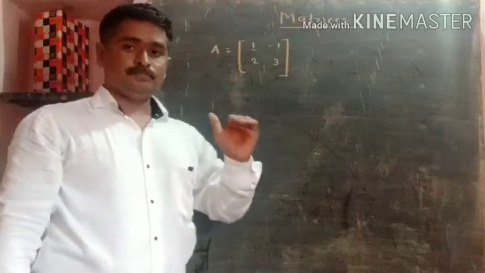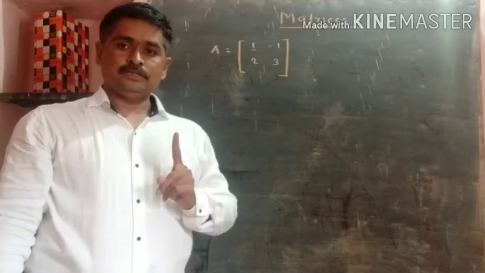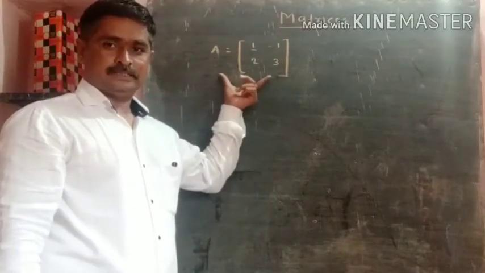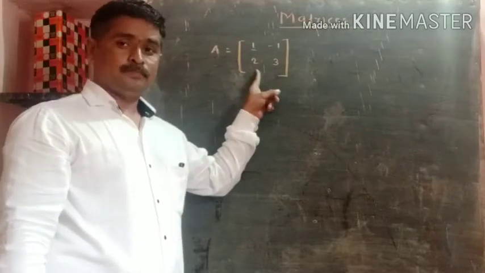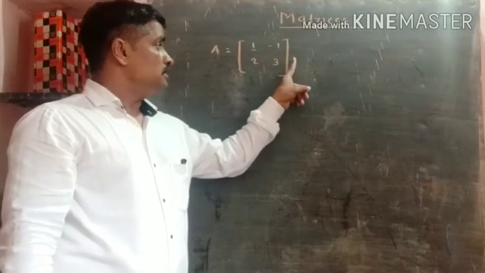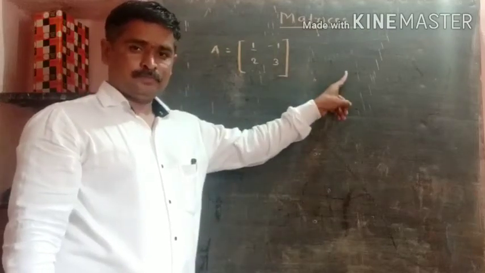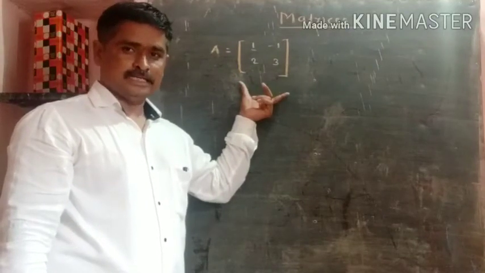In order to find the inverse of a matrix, every time you should take the determinant of this matrix. If the determinant of the matrix is not equal to 0, then the inverse must exist.